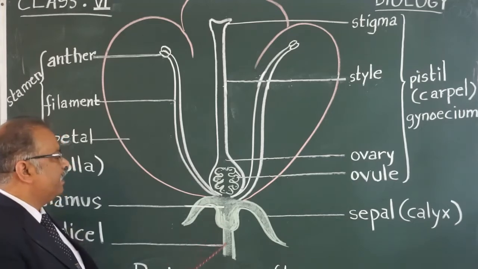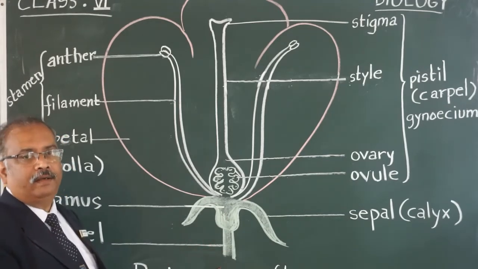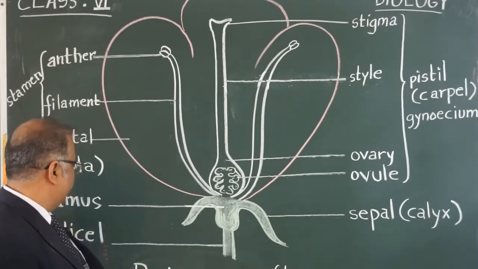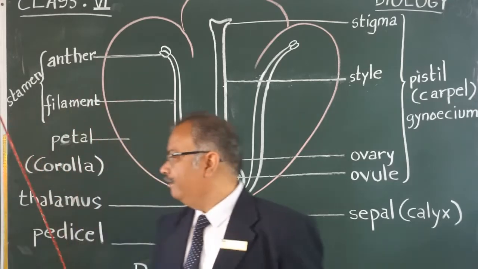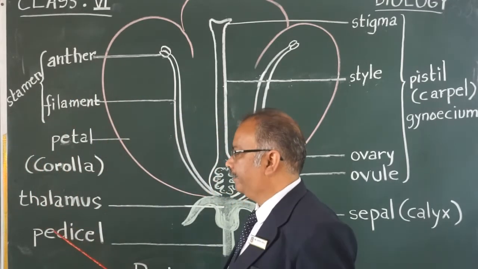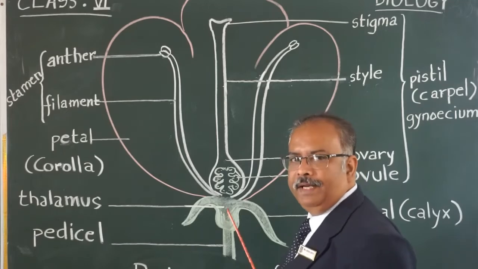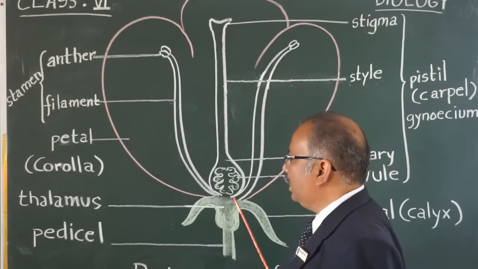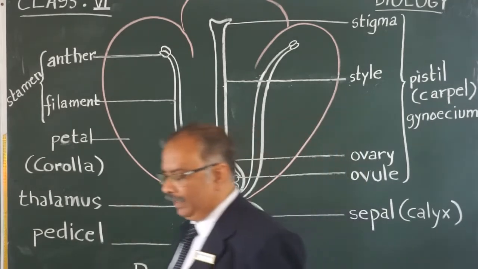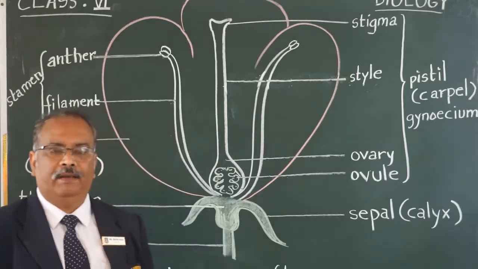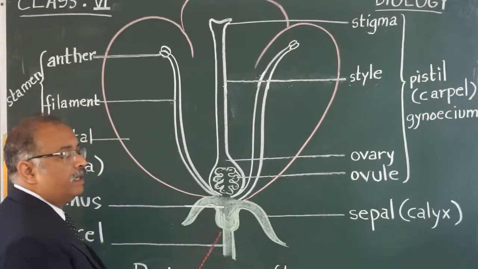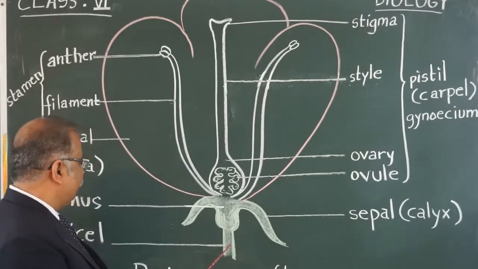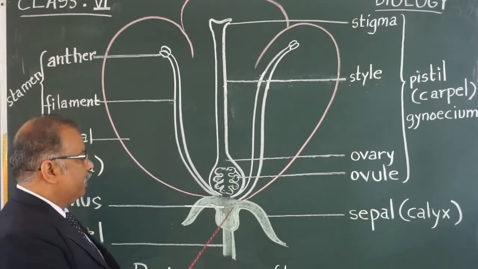You can say this is the stalk of a flower, and we call it the pedicel. At the tip of the pedicel, you can see the swollen portion, and that is called the thalamus. Thalamus is the swollen tip of the pedicel.